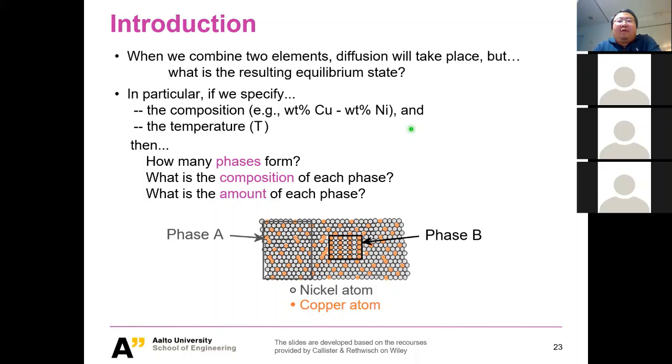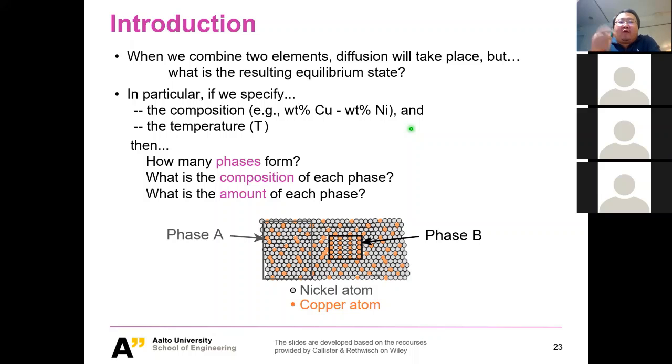And now we're going to know what these equilibrium states are and what the controlling factors for these equilibrium states are. And more precisely, if you want to mix a certain fraction of, let's say, copper and nickel, it can be anything, two solid solutions, two solids, at a certain temperature, you probably want to know how many phases will form.